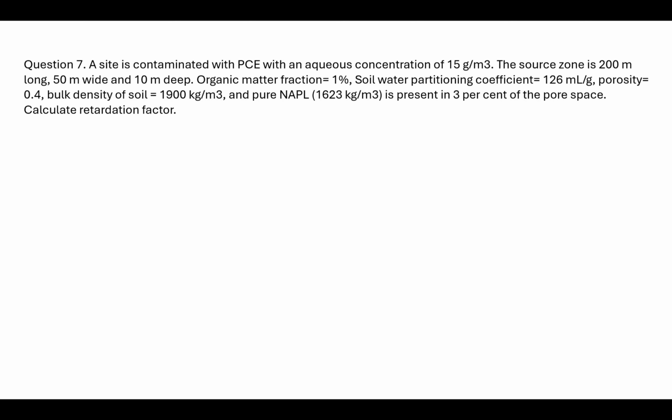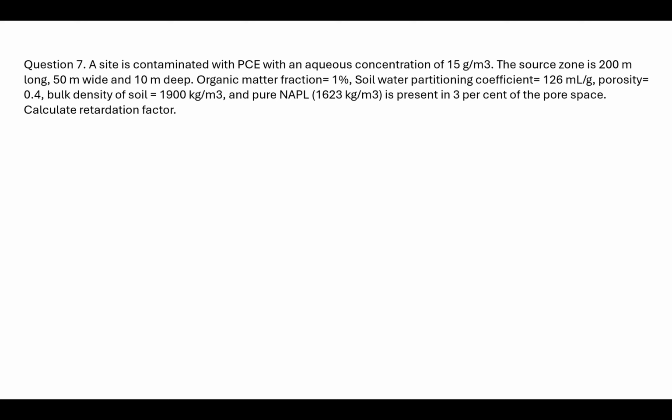This is a numerical type question. A site is contaminated with PCE with an aqueous concentration of 15 gram per meter cube. The source zone is 200 meters long, 50 meters wide, and 10 meters deep. Organic matter fraction is 1%. Soil water partitioning coefficient is 126 milliliters per gram.